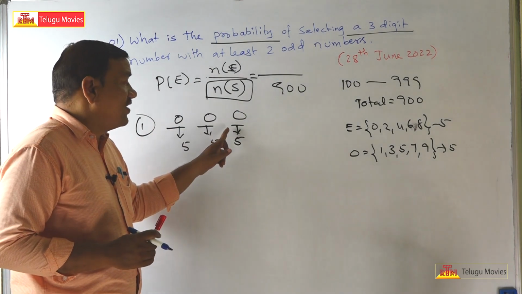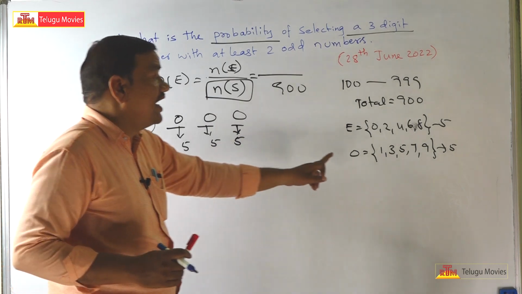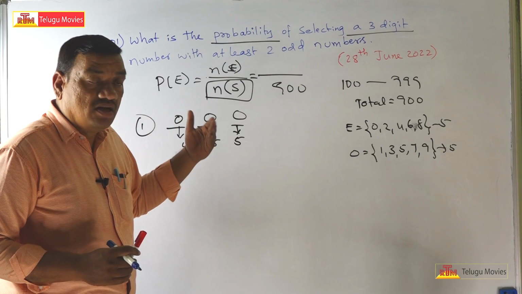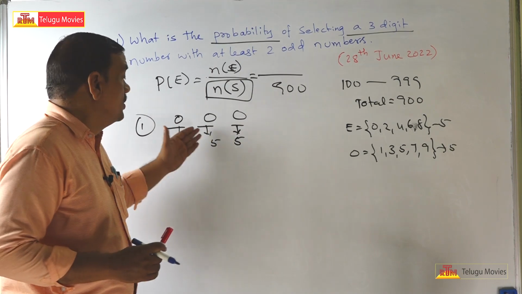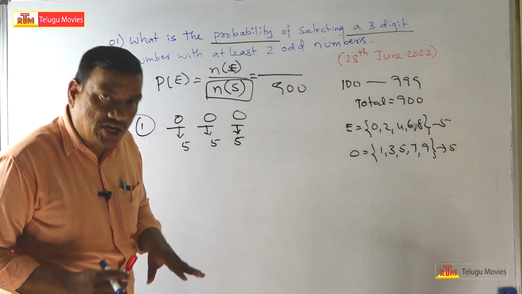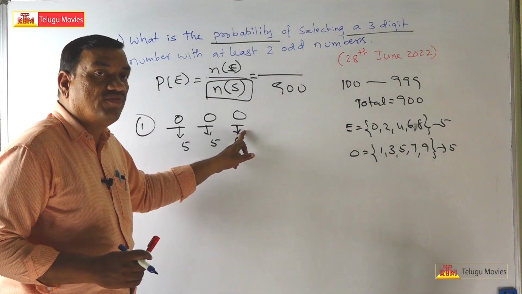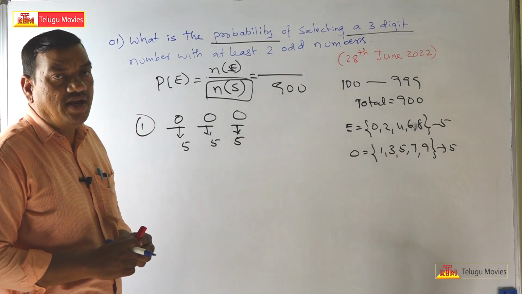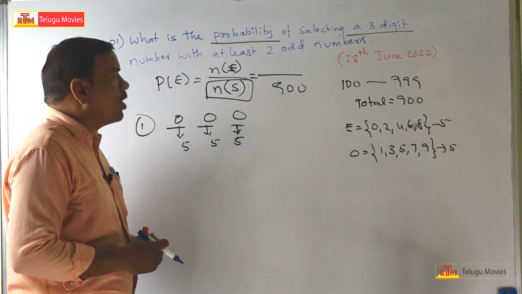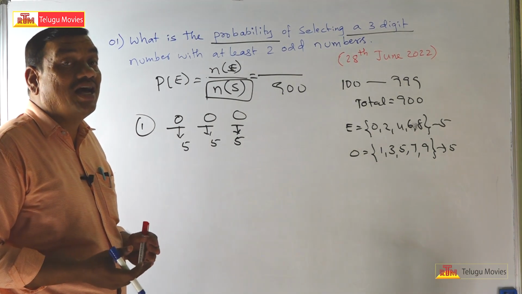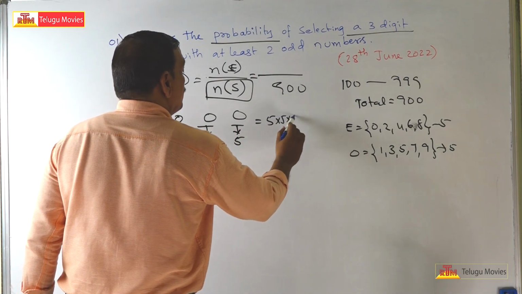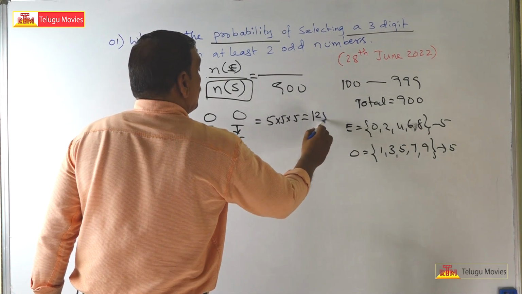So the first place can be filled in 5 ways, and the second place can be filled with any of them, since repetition is allowed. If repetition is not allowed, this place can be filled in 5 ways, then of course 4 ways and 3 ways. I am taking the problem as repetition allowed. So this can be done in 5 into 5 into 5, that is equal to 125 ways.